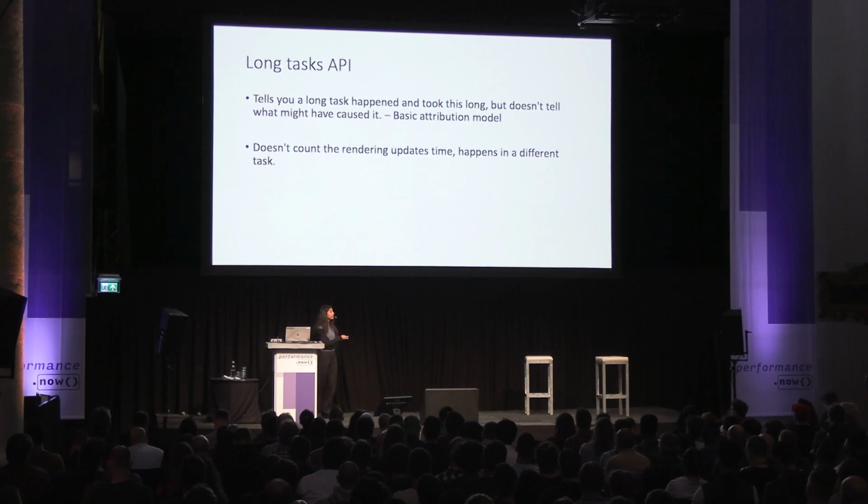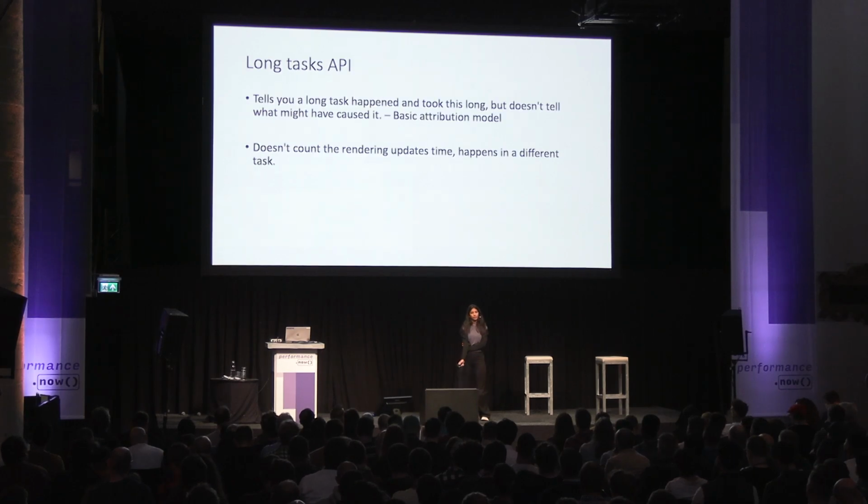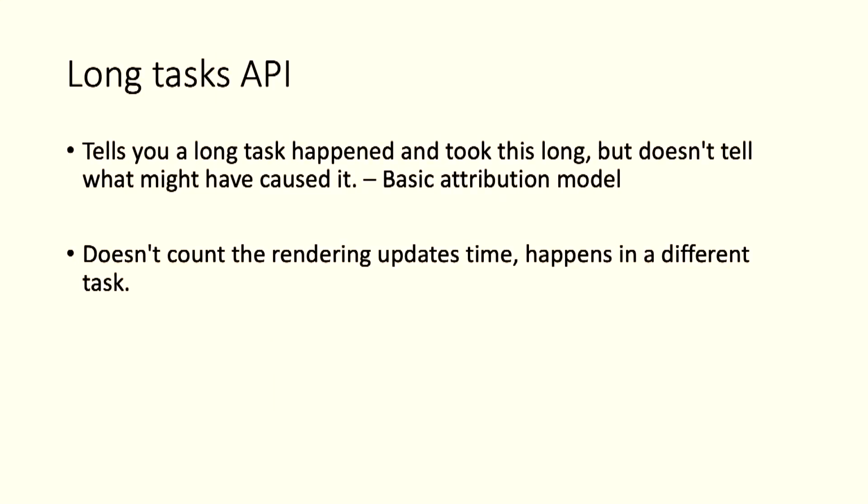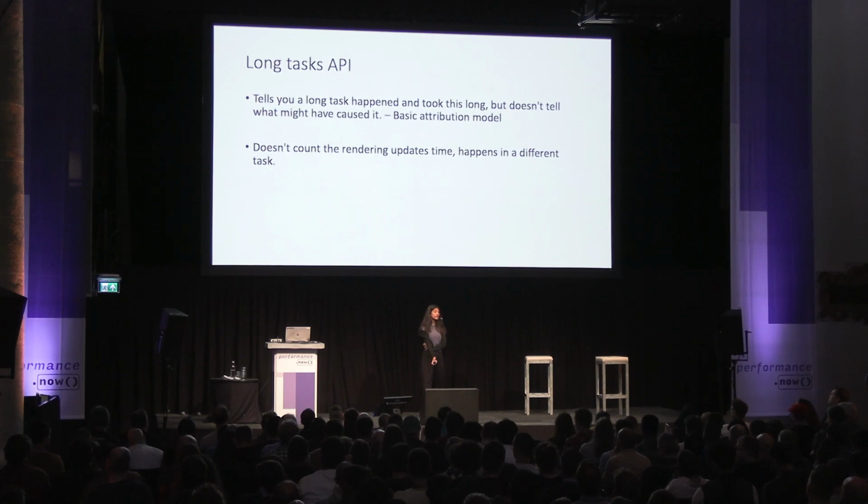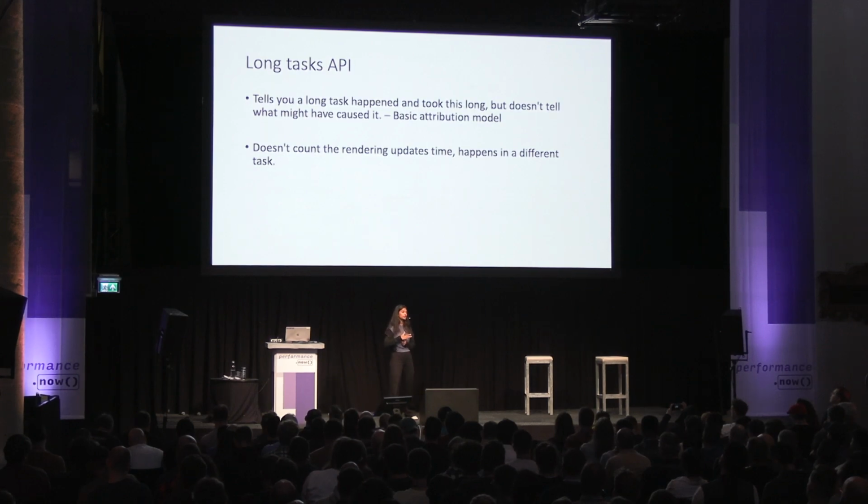So this was the long task situation that we looked at. Now, what are the problems with long tasks in general? Has anyone already tried to use long tasks and saw that it was not that helpful because it was not really giving you the right picture? Happens, right? It tells you that a long task has happened and it took this long, but it doesn't tell you what really caused it.